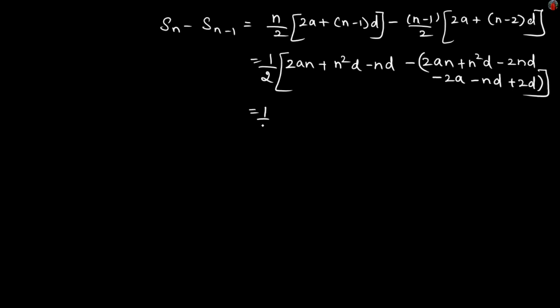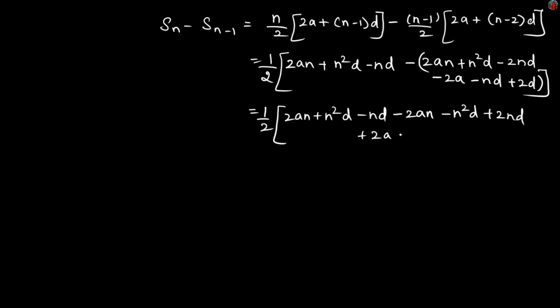Now we will have 1 by 2, 2an plus n square d minus nd. So multiplying with negative, minus 2an minus n square d plus 2nd plus 2a plus nd minus 2d. All signs will change.